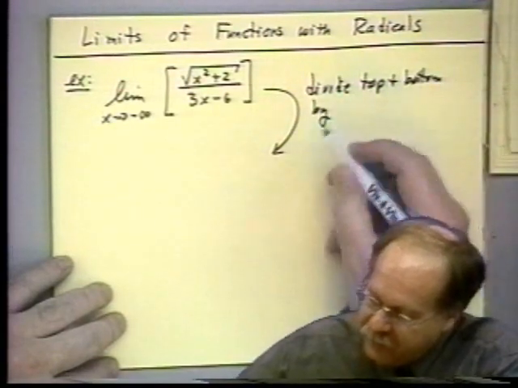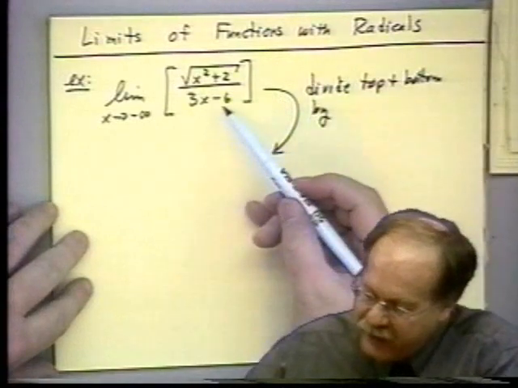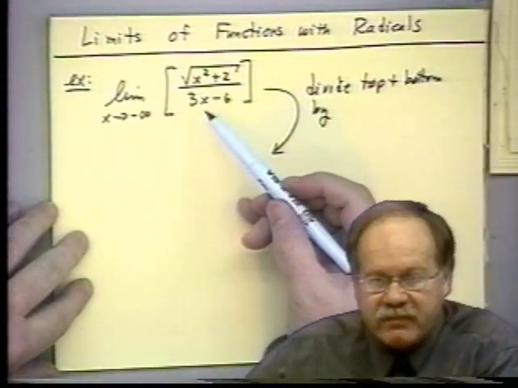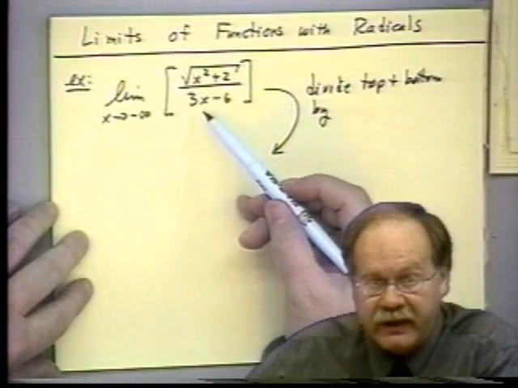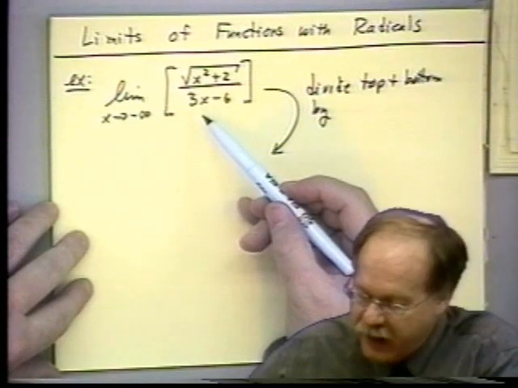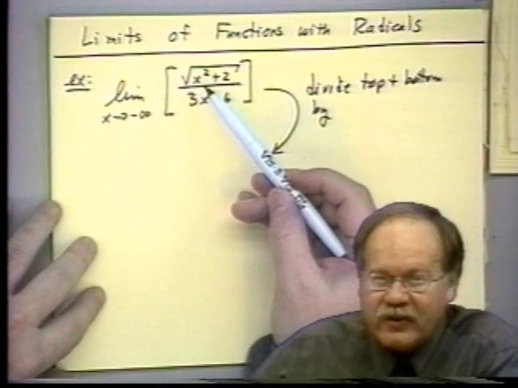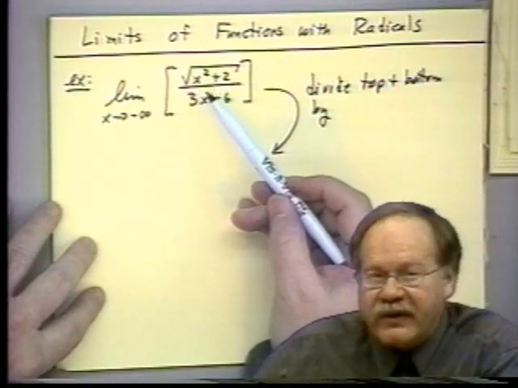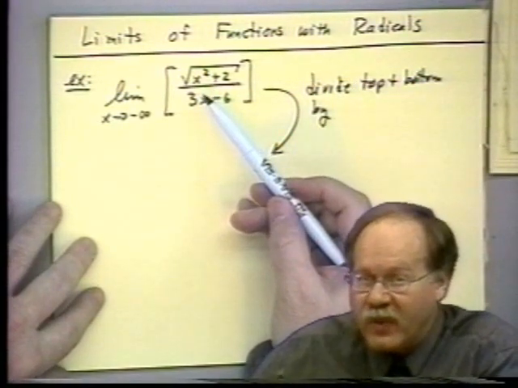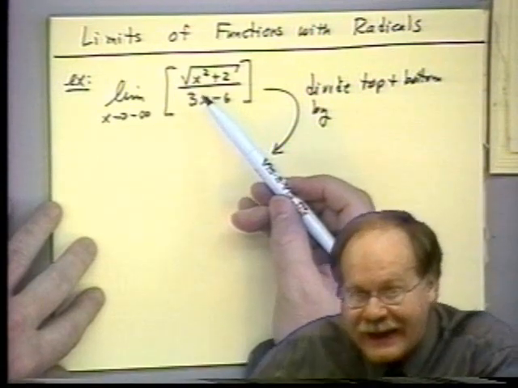by the following. The bottom we'd like to divide by x. That is the highest power on the denominator, and that seems to be reasonable. Now, we'd like to do the same on the top, but we have to get inside the square root. But notice that the square root of x squared takes us back to x.